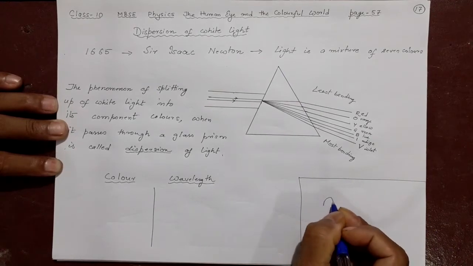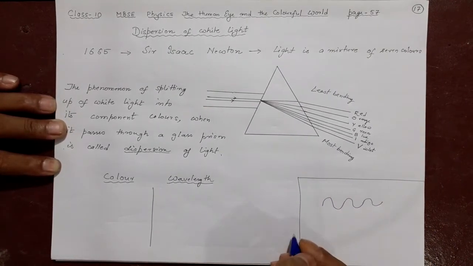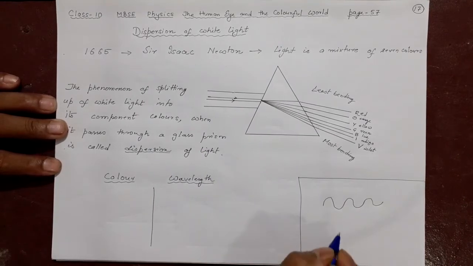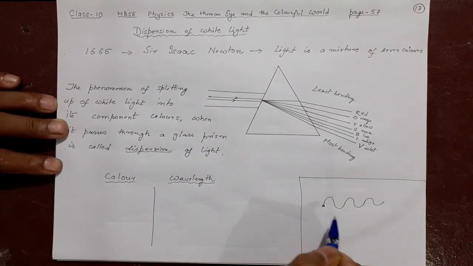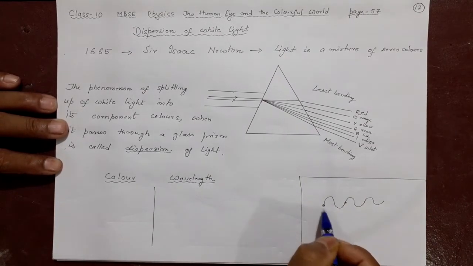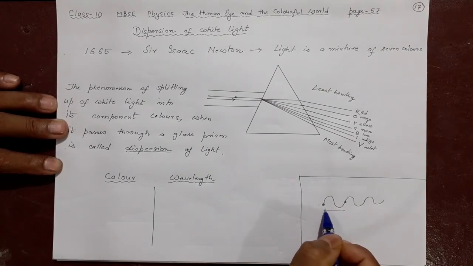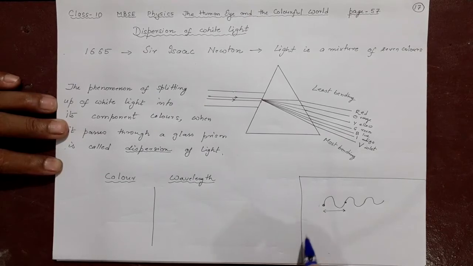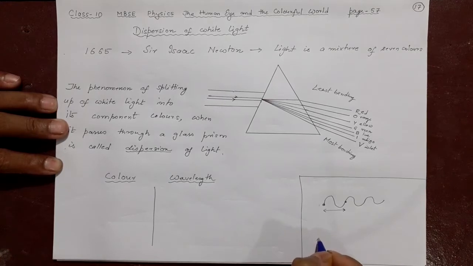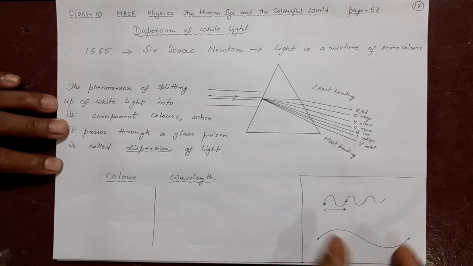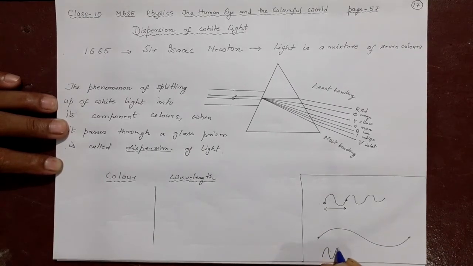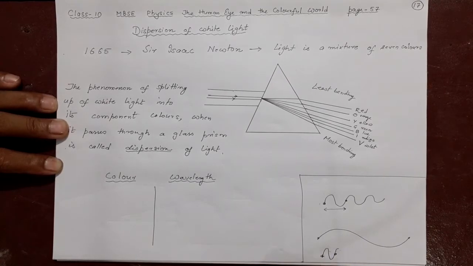Suppose there is a wave. You have seen waves in water also. If you throw a stone in the water, it becomes like this. That is called a wave. This wave starting from here and reaching exactly the same position here is called the wavelength. For some waves the wavelength is small, for some it is very big, like this is a big wavelength, but this wavelength is very small, from here to here only.